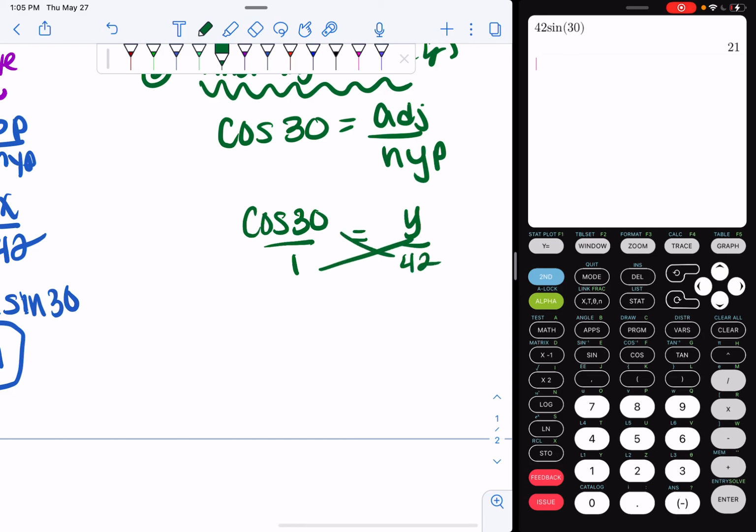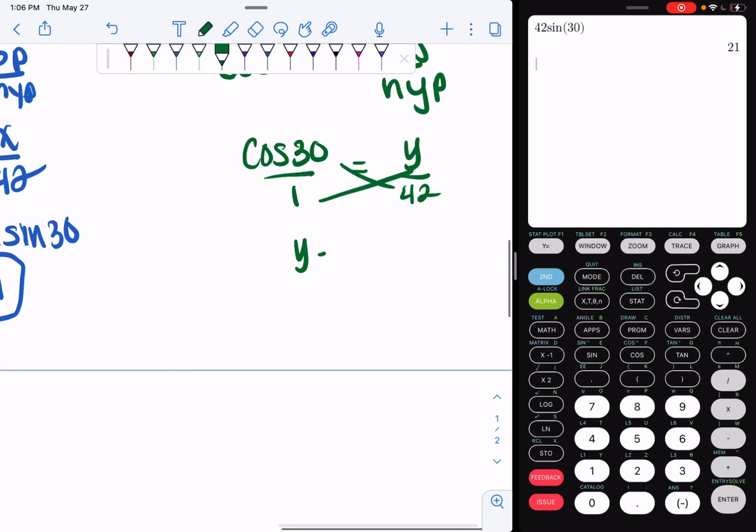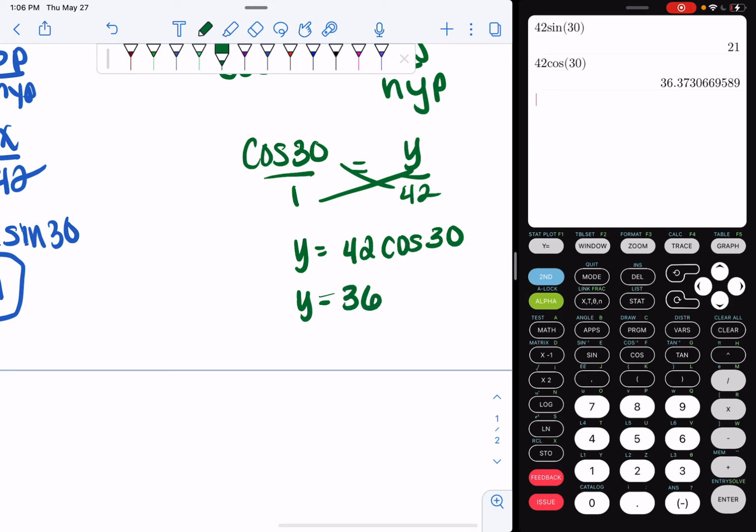We cross multiply, so I get y equals 42 cosine 30. Type it in, and I get 36.37. Round to the nearest tenth, so that 3 becomes a 4. And that's it.